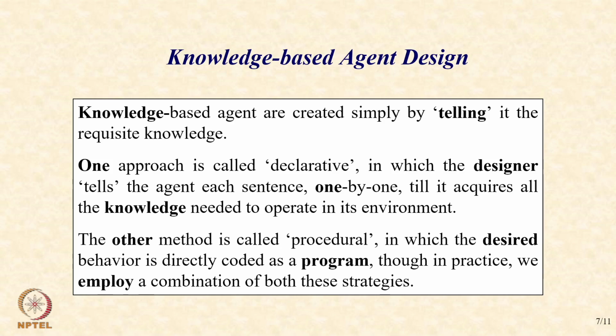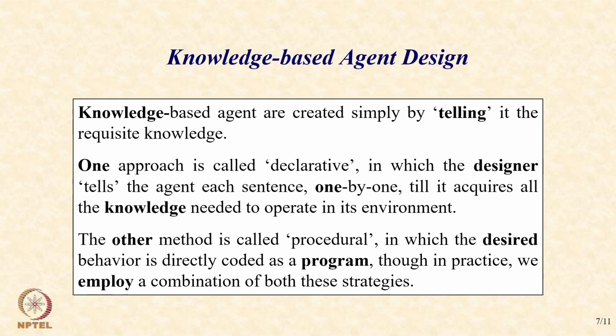The other method is called procedural, in which the desired behavior is directly coded as a program, and then the agent discovers for itself what the corresponding knowledge is which will ensure this behavior.